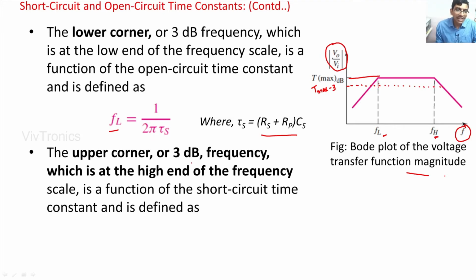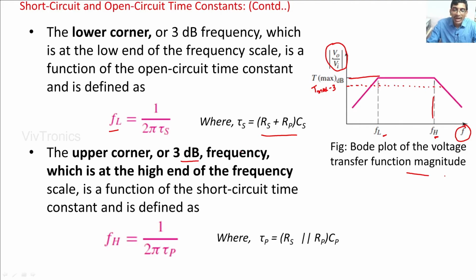The upper corner or 3 dB frequency, which is at the higher end of the frequency scale, is a function of the short circuit time constant and is given as FH is equal to 1 by 2 pi tau p, where tau p is equal to Rs parallel Rp into Cp, which we have already derived.